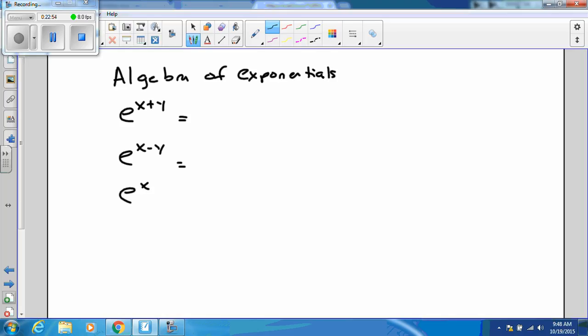I can simplify the sum, difference, and product rules: e to a sum, e to a difference, and e to a product. And you guys actually know all of these already. What are they? e to the x plus y is equal to what? e to the x plus y is?